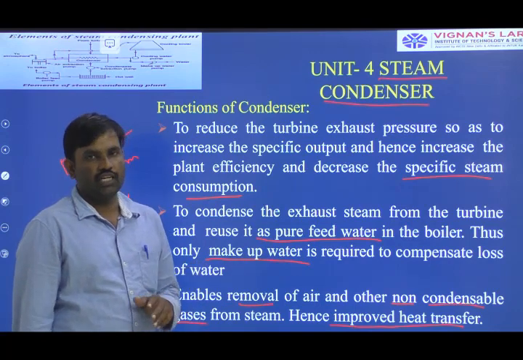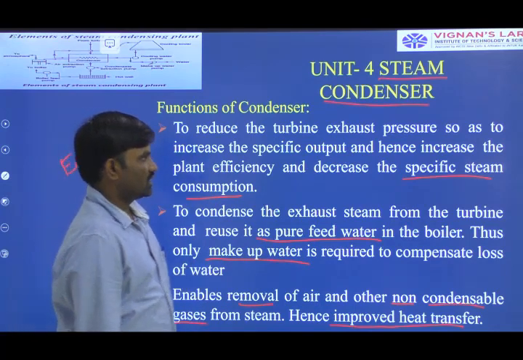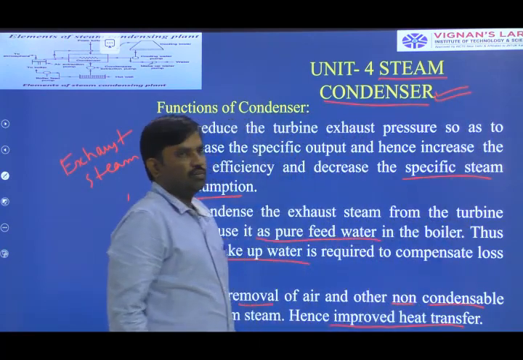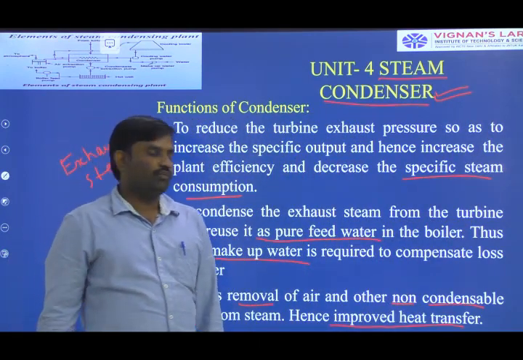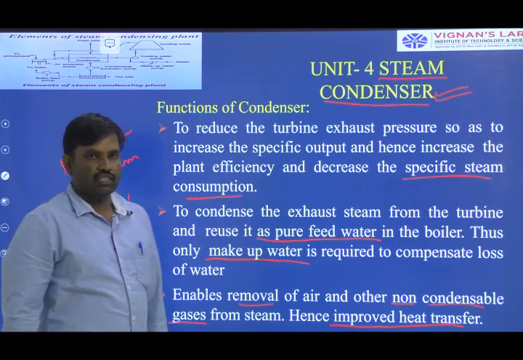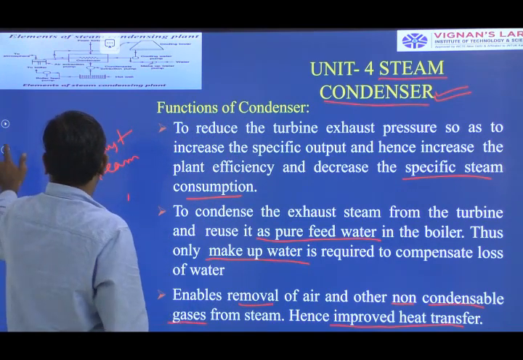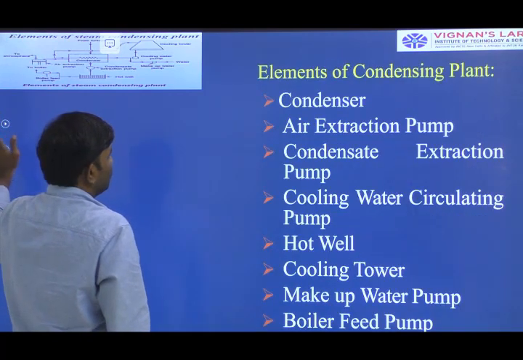The heat exchange between these 2 fluids takes place in the condenser section. After the condensation process, we remove the heat from the exhaust steam, and the exhaust steam is converted into water.